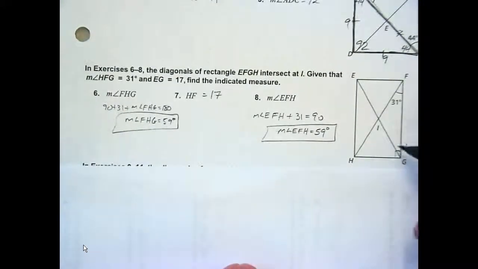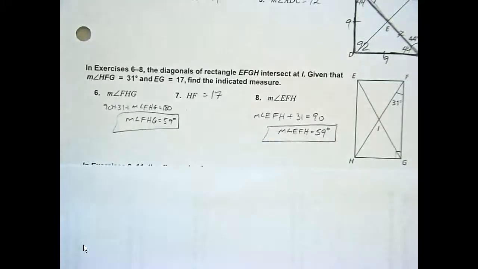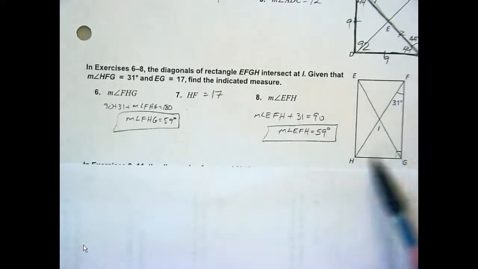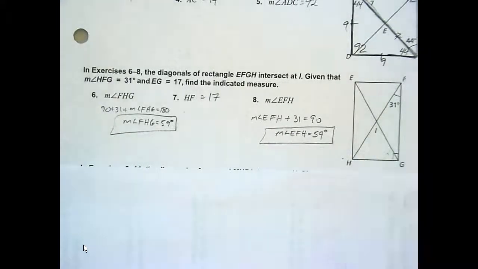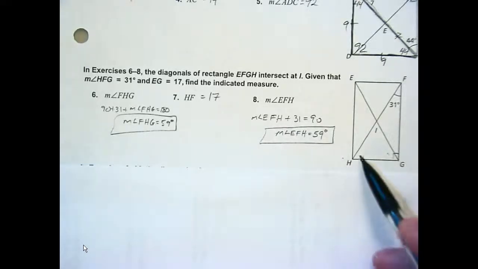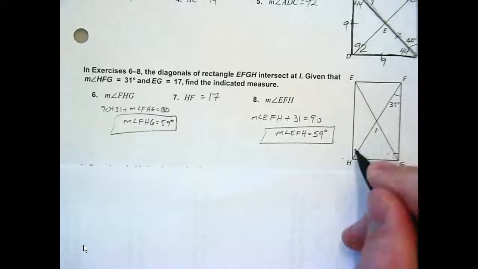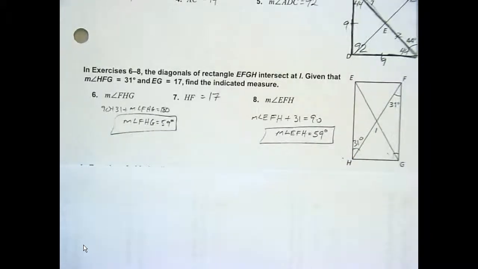These two have to add up to 180. So if we know we've got our 31 there, that allows us to figure out that other piece. If this one's 31, we know that because of alternate interior, then we know that it has to be 59. Any questions on those?